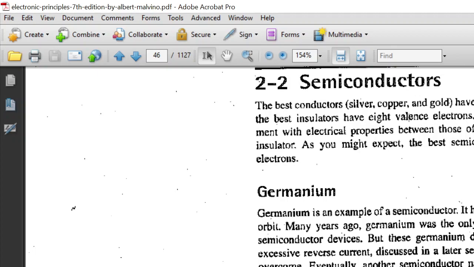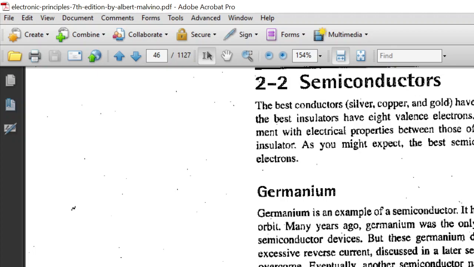You know that when the outermost shell has 8 electrons, it becomes a very stable configuration, and the electrons will not leave that orbit. It takes a very high amount of energy to make an electron leave that stable orbit.